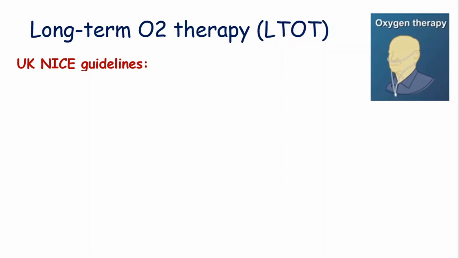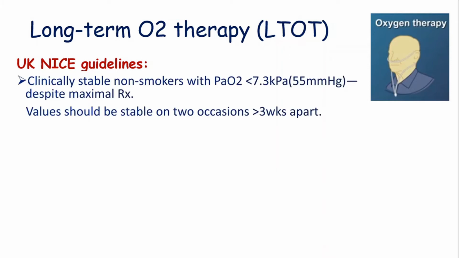They must come under one of these three groups. First, the non-smokers or the patients who have stopped smoking and are clinically stable with a low oxygen under 55 millimeters of mercury despite maximal treatment, and these low oxygen values are stable on 2 occasions measured 3 weeks apart.